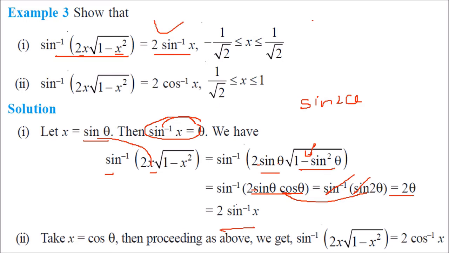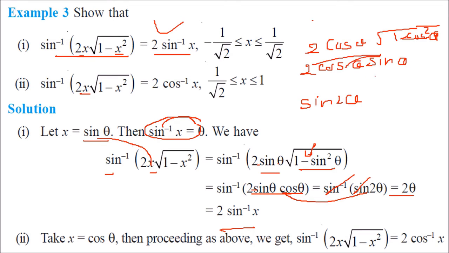This is proved. If you take x as cos theta, this will be equal to 2 into cos theta under root 1 minus cos square theta. So this will be equal to 2 cos theta. 1 minus cos square theta is sin square theta. Because there is root, it will be sin theta. So this is again 2 sin theta cos theta. This will be equal to sin 2 theta.